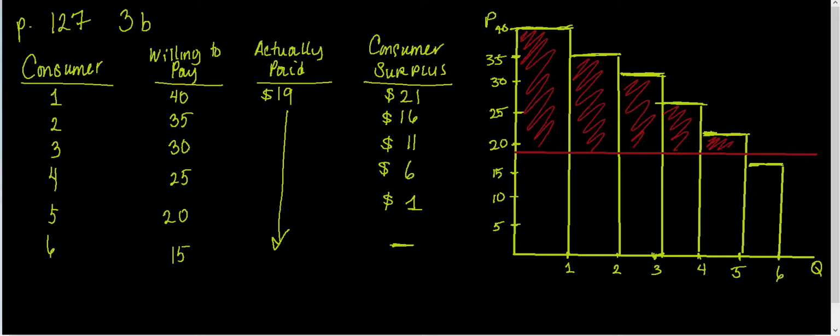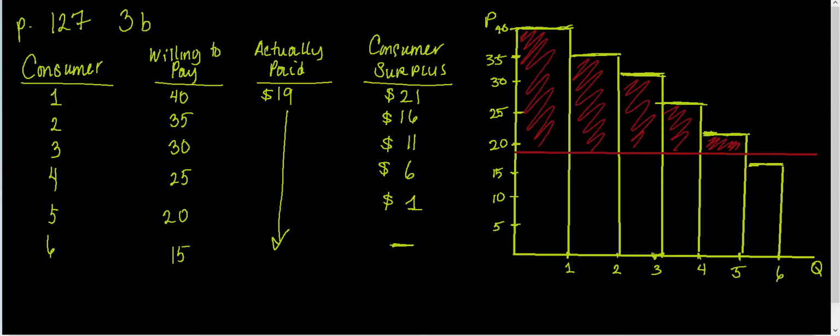So then from here, my consumer surplus is going to be the area that's shaded in each one of these bars. So here I have a length of 1 for the first bar and a height of, what is this, 19? Yes. Okay.